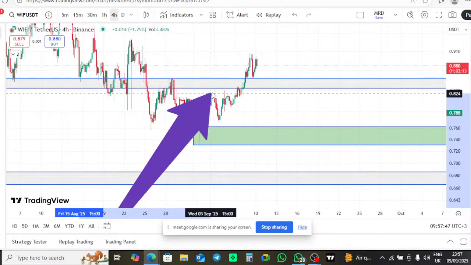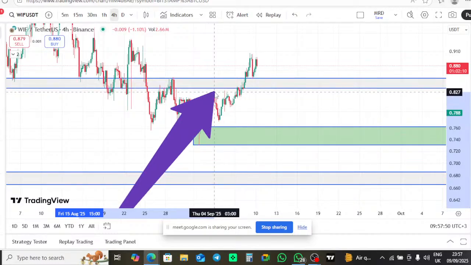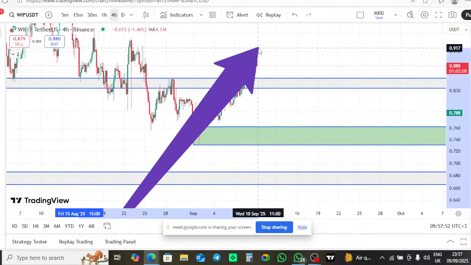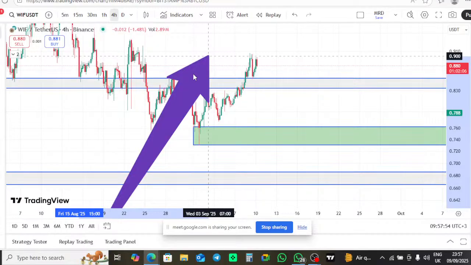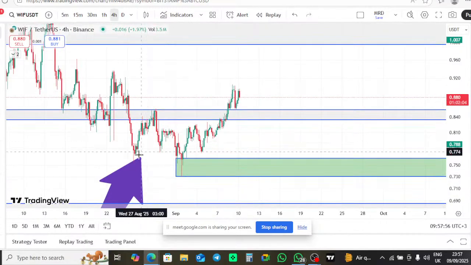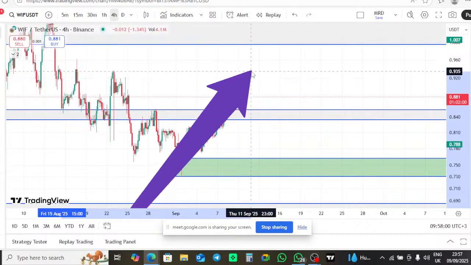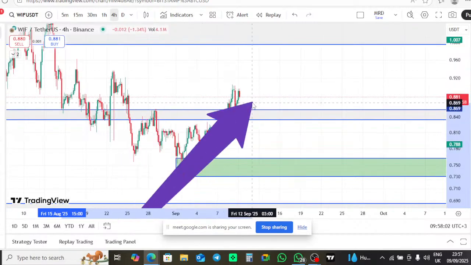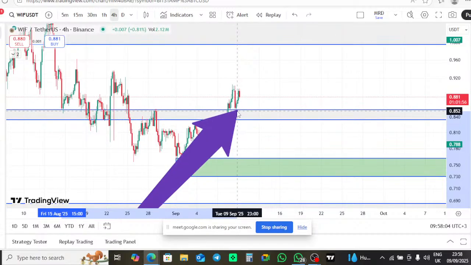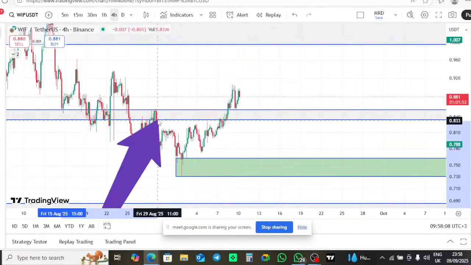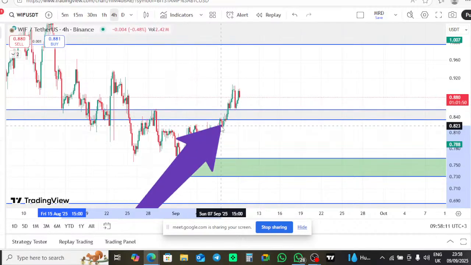If we break and close above this point, automatically that is the change of character, and you can see how the market respected it. At the same time, it respected our support here, and you can see it is moving forward. On 4 hours, we could trade here because of this support, because of this change of character.